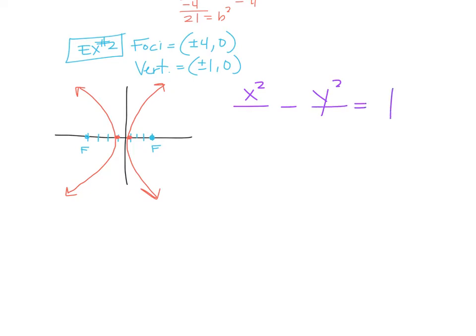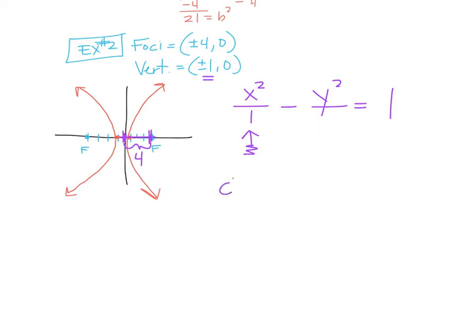And so our a squared, what's going to go right here, is going to be our vertex, our a here, squared. So 1 squared is just 1. And then we need to figure out what our b squared is. So if you look here, your c value from focus to origin, here to here, is 4.